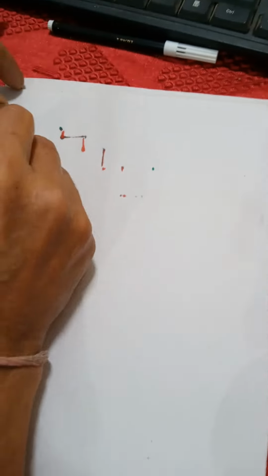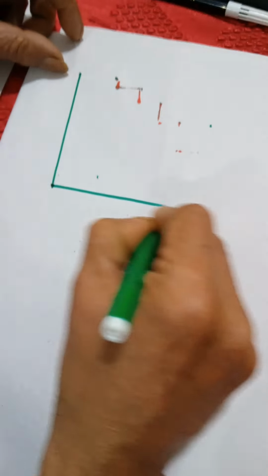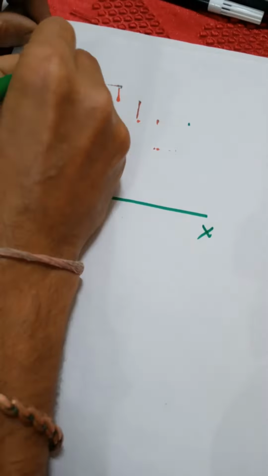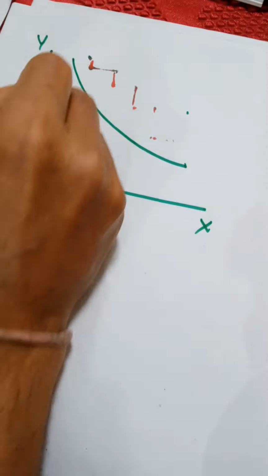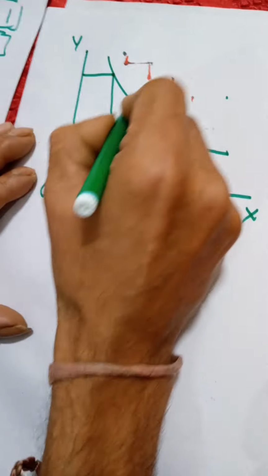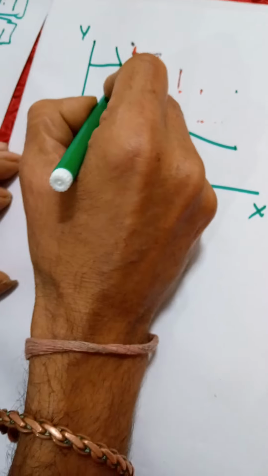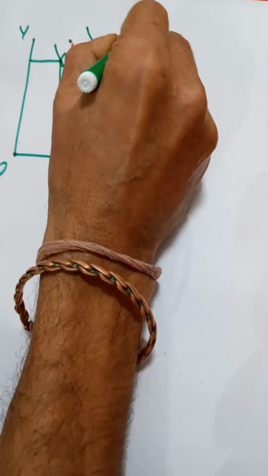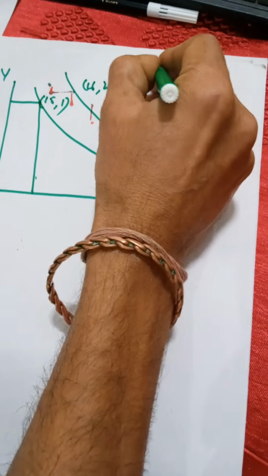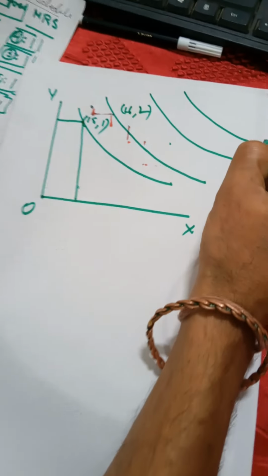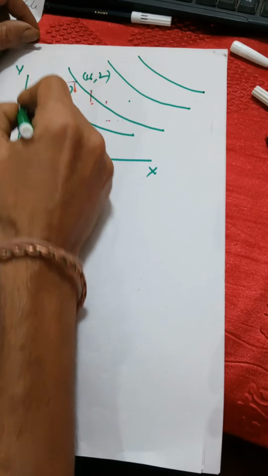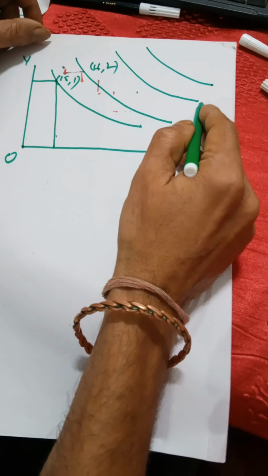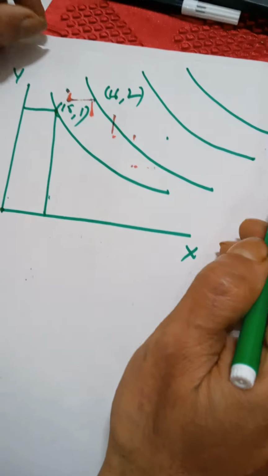So if this is the combination of 15 and 1, we can have another combination of say 16 and 2, another combination and another indifference curve. So all these curves taken together are called indifference map. Okay, now listen very carefully.